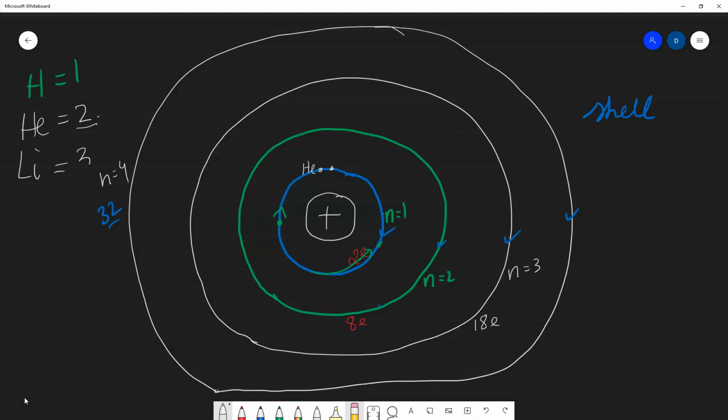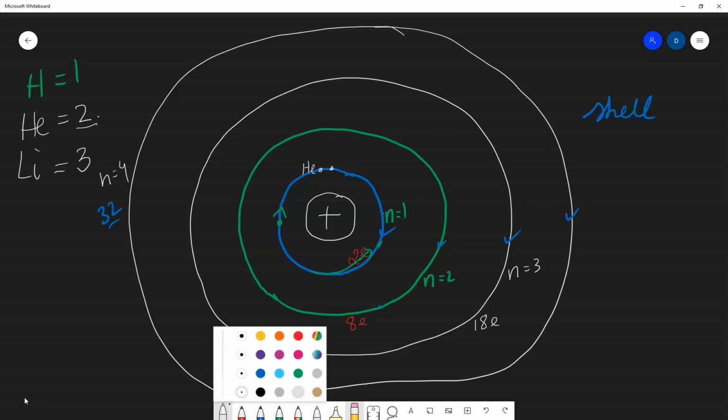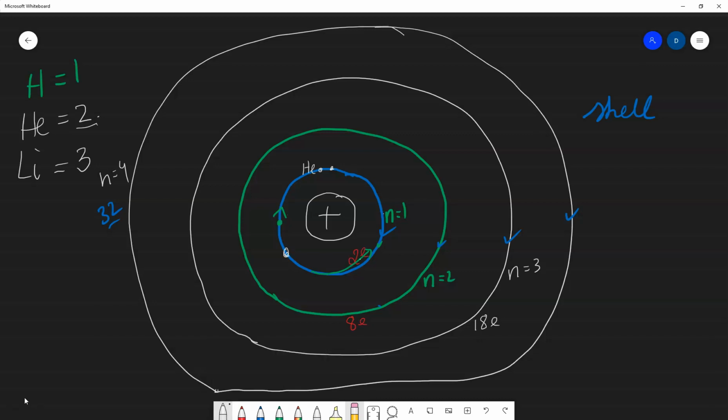Lithium has got 3 electrons. In the case of lithium, out of 3 electrons, the first 2 will be here. The remaining one will be in the next orbit. So in lithium, 2 will be in shell 1, and the third one will be in shell 2.